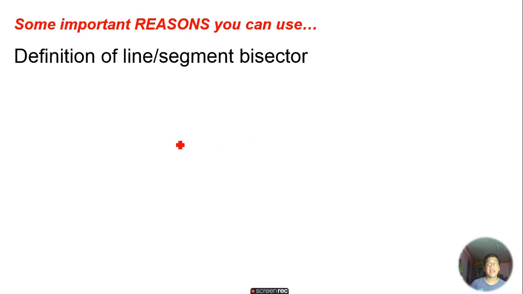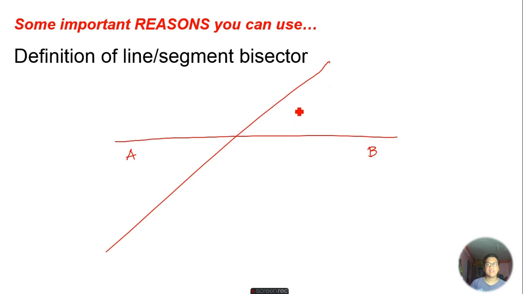Now, if we have a line bisector, because you can draw a line, or a segment bisector. Say for example, this is the line segment AB, and then I have another line segment, say CD. We say that CD bisects AB. Because we are given two line segments, this is a segment bisector.